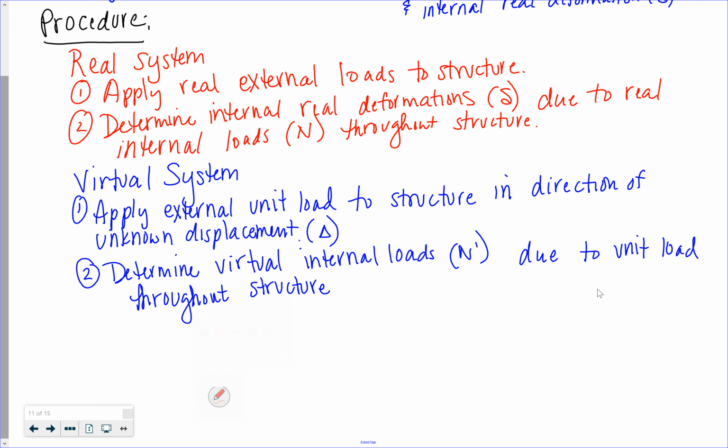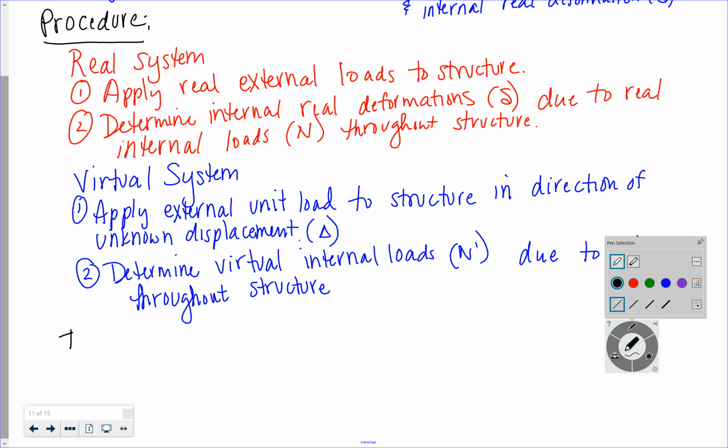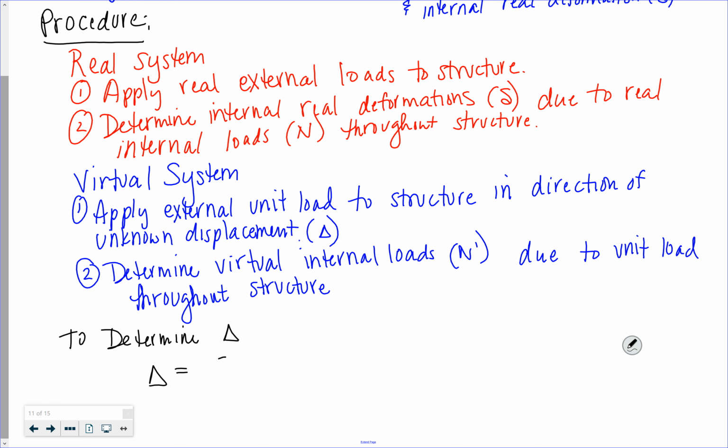And then to determine delta, I just take a sum of those internal virtual loads times internal real deformations.